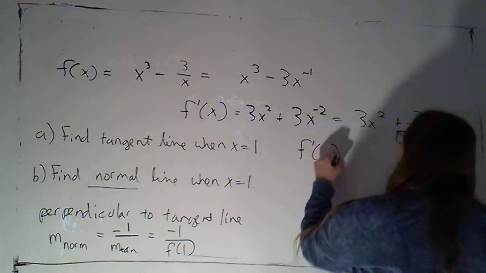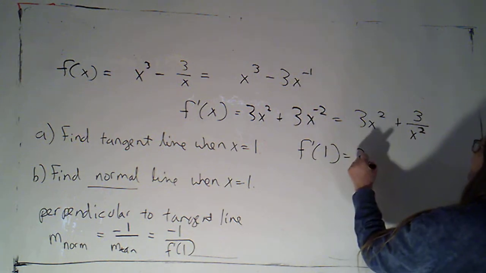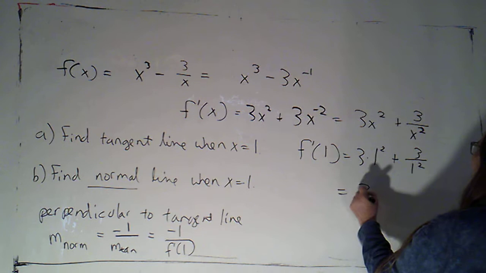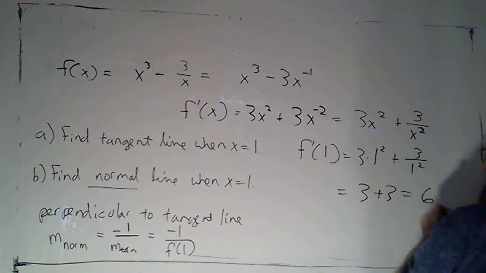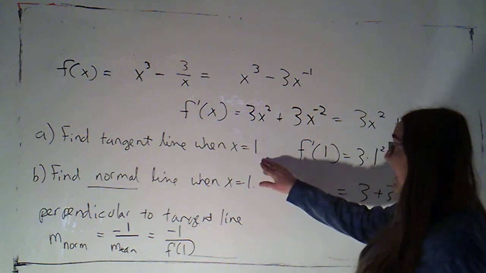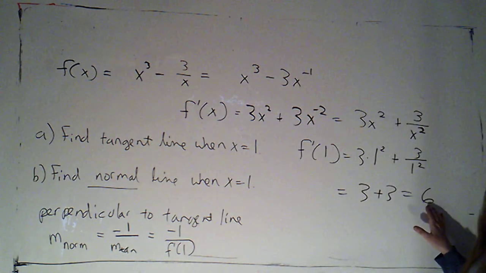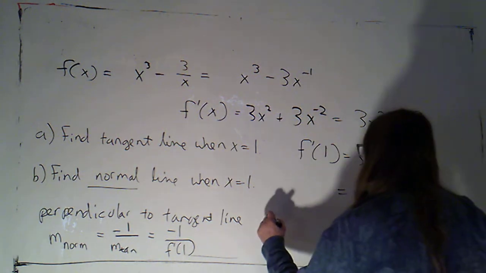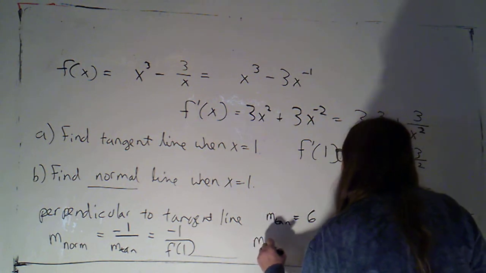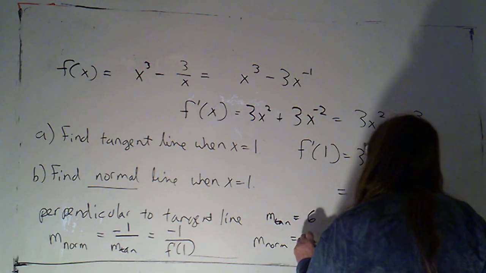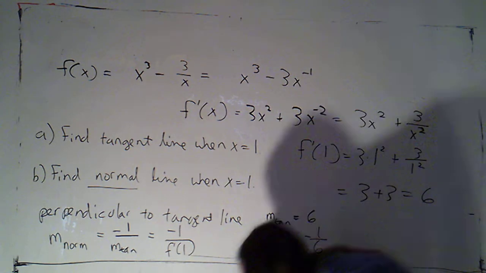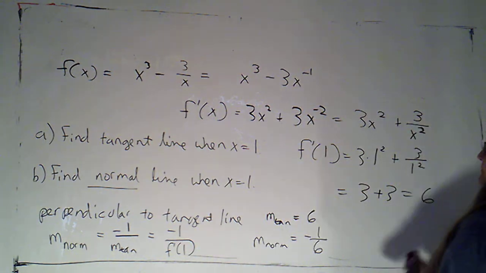So f prime at 1 will be 3 times 1 squared plus 3 divided by 1 squared. That's 3 plus 3, that's 6. Okay. So the slope of the tangent line will simply be 6. The slope of the normal line will be negative 1/6, the opposite reciprocal.